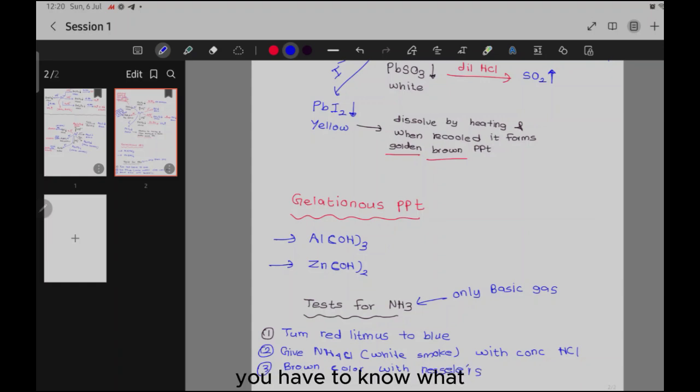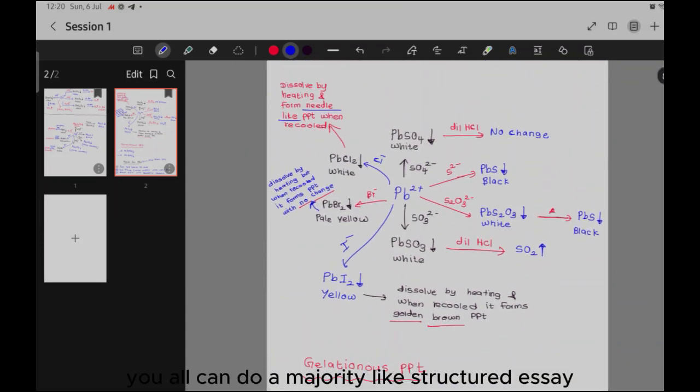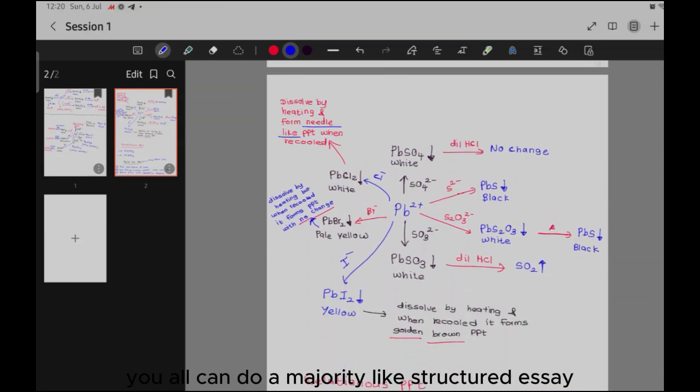You have to know that ammonia gives brown color with Nessler's reagent. Nessler's reagent is basically a solution. Those are the main three identification tests for ammonia. If you know this, you can tackle a majority of the structured essay 2 questions, because these are the commonly asked points.